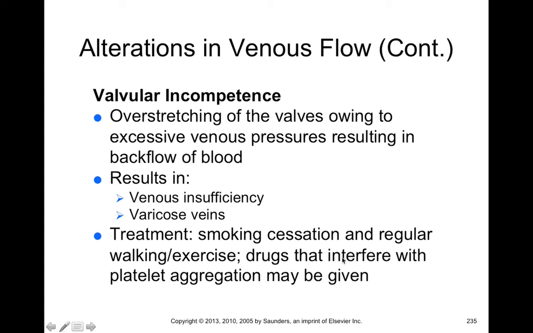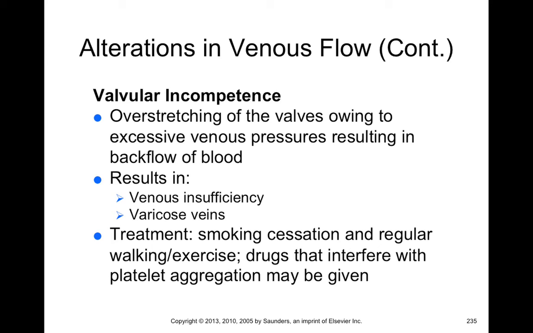Now, valvular incompetence is actually going to be where venous valves fail to function properly. Normally these valves prevent the backflow of venous blood to other distal extremities. But if these valves fail, this leads to venous insufficiency, which can lead to varicosities or varicose veins, and this can lead to sort of engorgement of blood within the veins of extremities, especially in the legs.